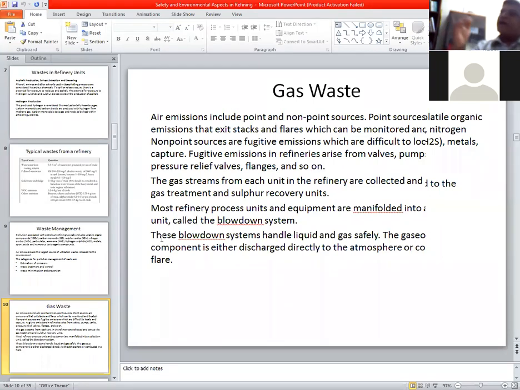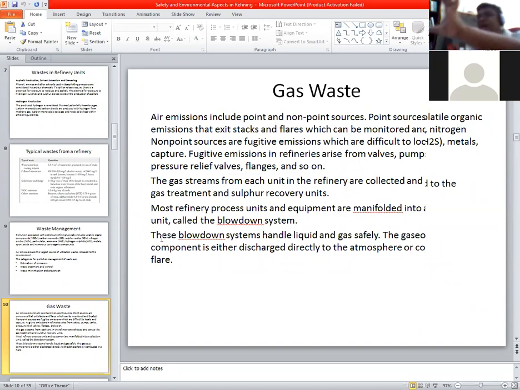That is why we do the hydrotreating process. Then we capture the sulfur, and it goes to the gas processing unit.